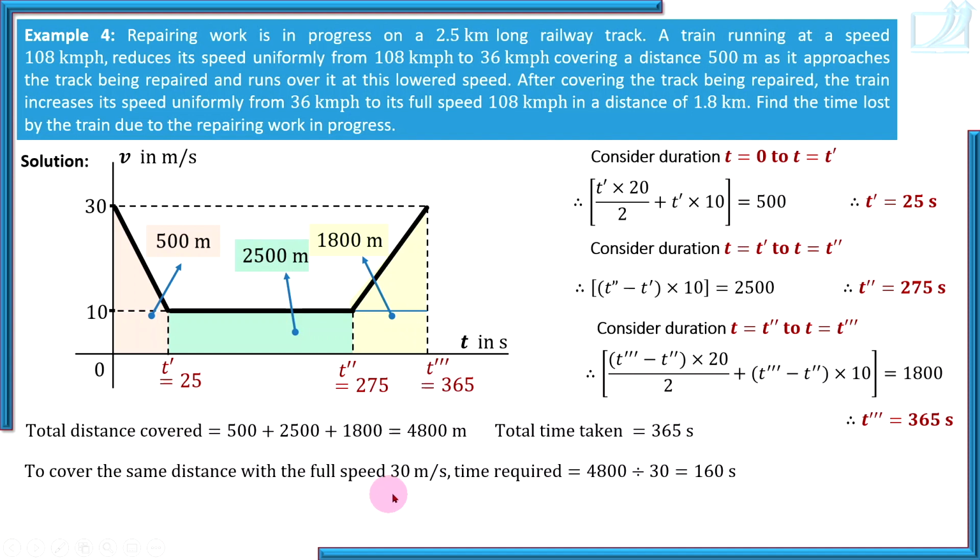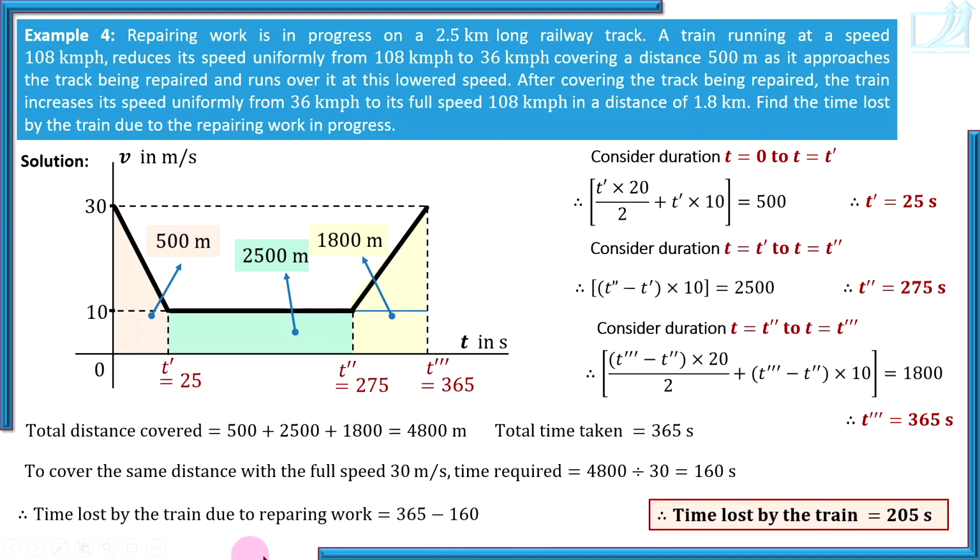At its full speed, the train would have covered this distance in 160 seconds. But actually, due to this repairing work, the train took 365 seconds. So how much is the time wasted by the train? 365 minus 160. So the time lost by the train is 205 seconds.